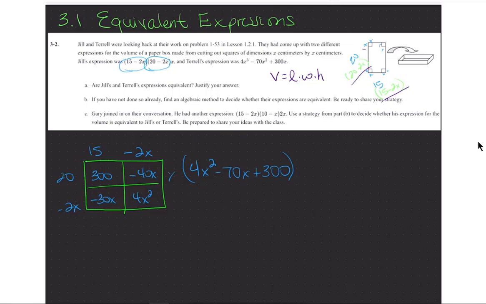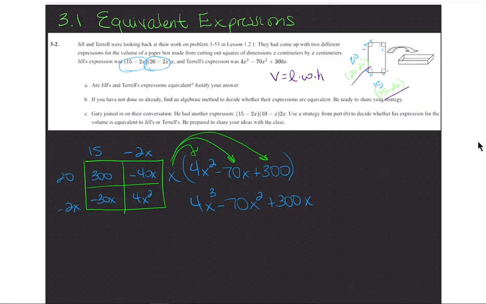I'm just going to put it out front. And now I'm going to use that distributive property, and share that x with all three of my terms. So now I have 4x to the third minus 70x squared plus 300x.